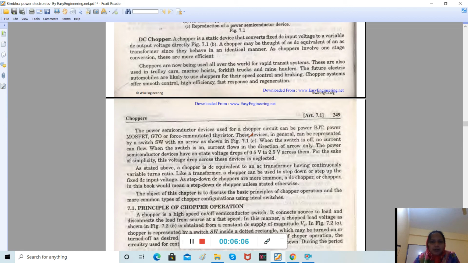Okay, so the power semiconductor devices used for a chopper circuit can be the BJT, it can be the power MOSFET, it can be GTO, it can be force commutated thyristor. Okay, and this chopper circuit is mainly represented by a switch SW with an arrow.